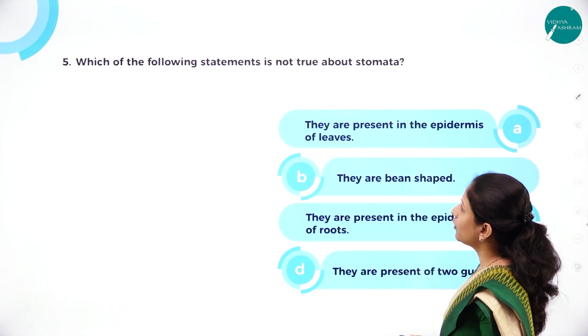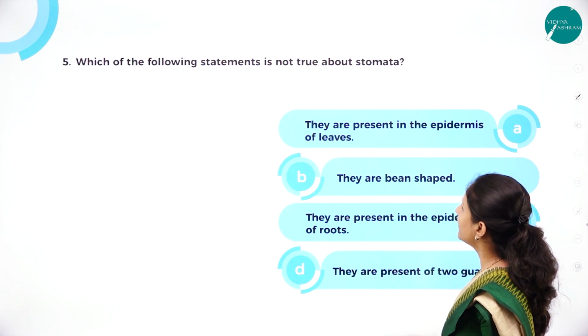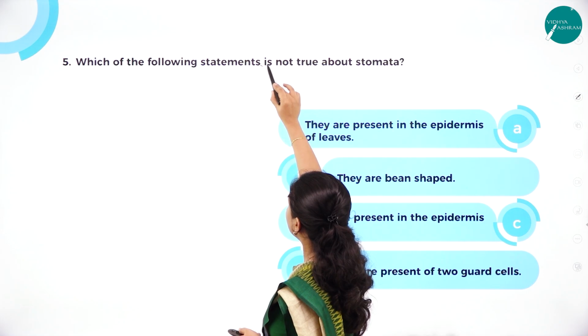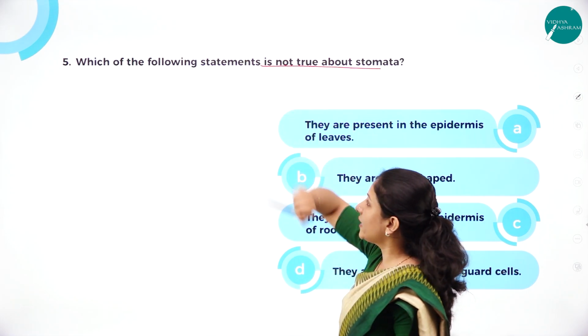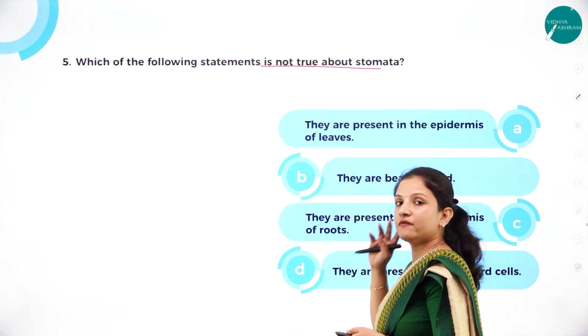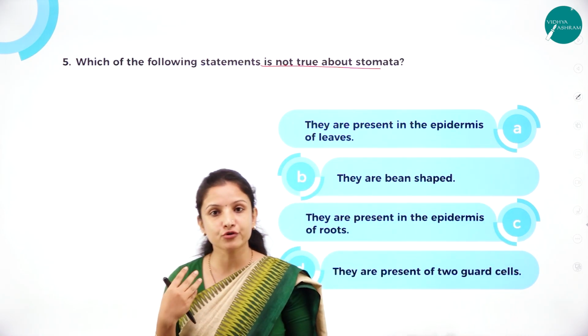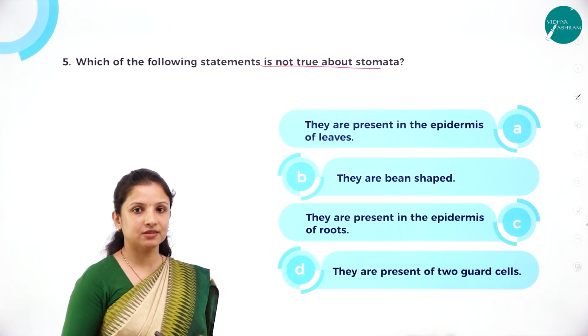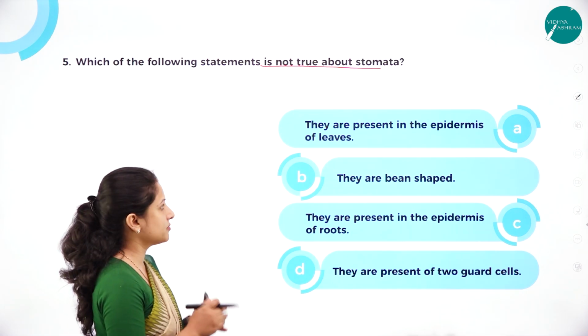Next one. Which of the following statements is not true about stomata? The question here is to find out which among these statements is false or not true about the stomata. They are present in the epidermis of leaves. Yes, stomata are present in the epidermis of leaves.